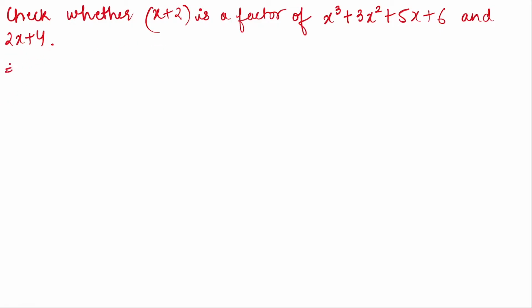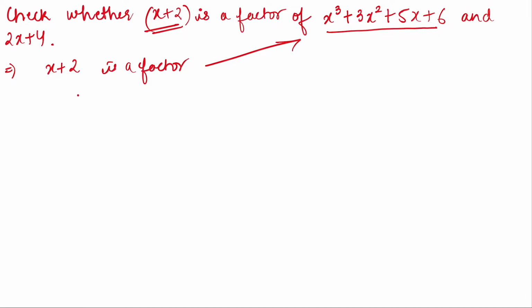Now they have asked us to check whether this x plus 2 divides this polynomial fully. Fully means it should give us remainder 0, because that's how we will say that x plus 2 is a factor of this one. Right? When will we say? When we will get remainder equals to 0 after the division.